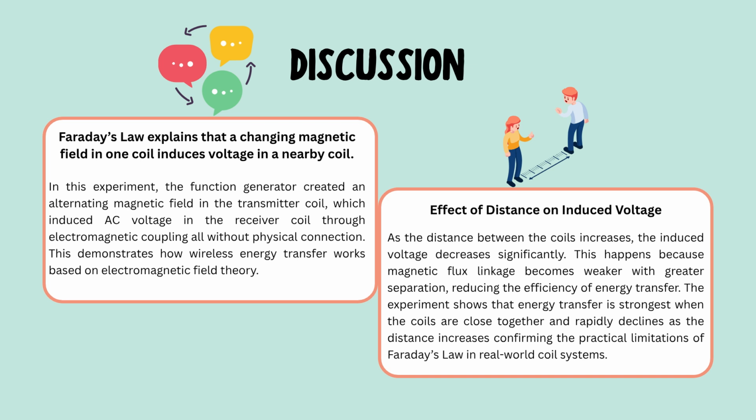However, the efficiency of this transfer strongly depends on the distance between the coils. As the distance increases, the magnetic field strength and the flux linkage decrease, leading to a significant reduction in induced voltage and power transfer. This wireless energy transfer is most efficient at short distance where magnetic coupling is strongest.